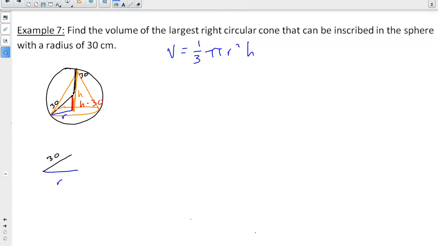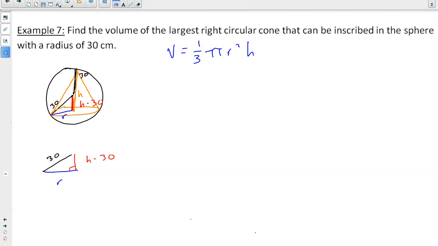And the height within that cone, that little red area, is going to be h minus 30. Okay, so the height is the whole height of the cone, and that's going to be subtracted from the radius of that. Okay, so right here we have a right triangle.